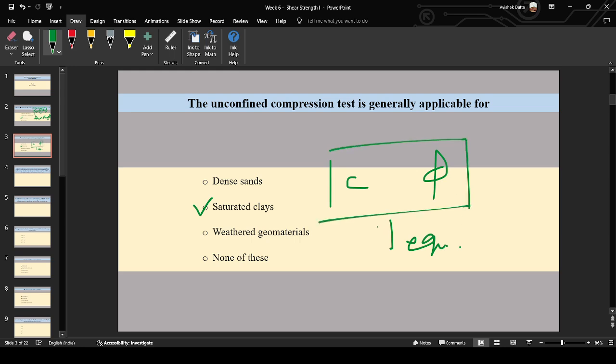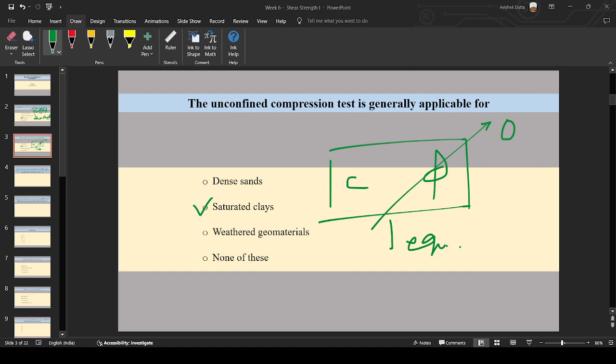Hence, to remove one, we assume that the value of phi is equal to 0. Phi equal to 0 means the angle of internal friction is 0, and the angle of friction is 0 in which case? Saturated clays have low or negligible friction.